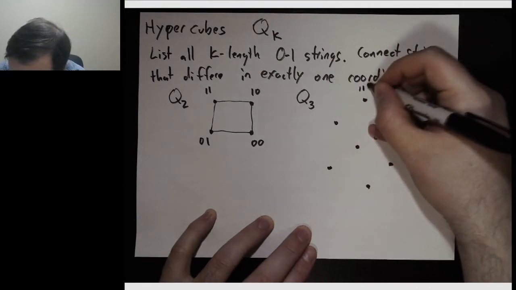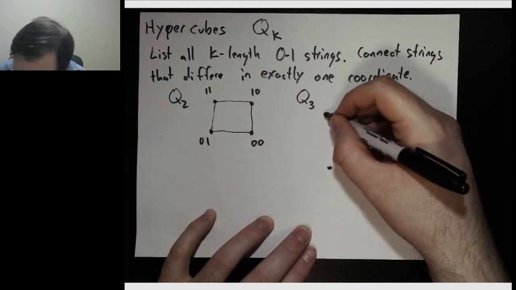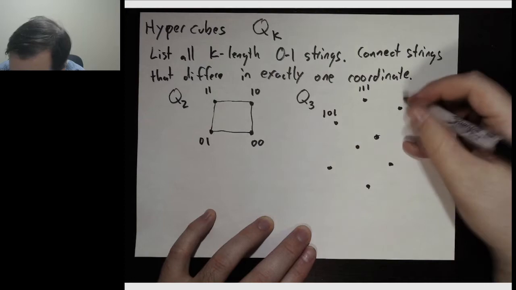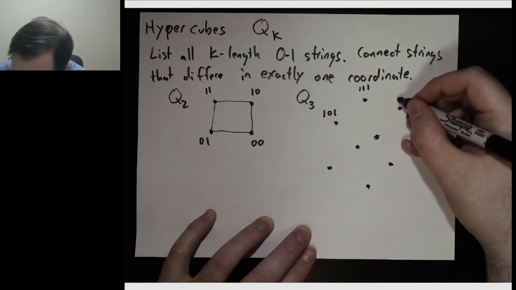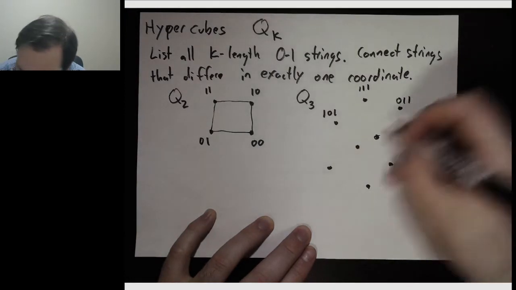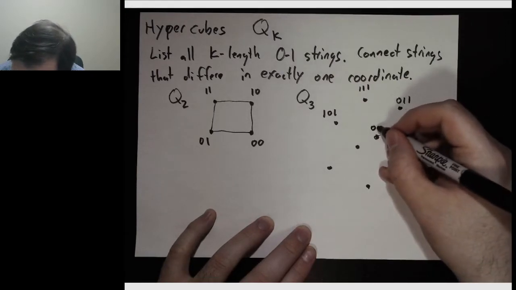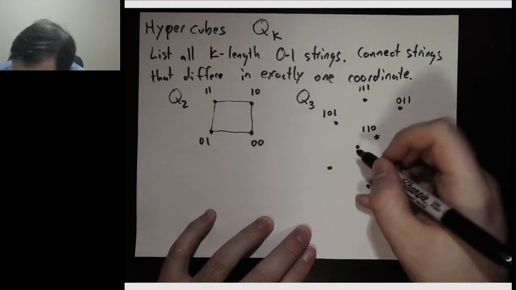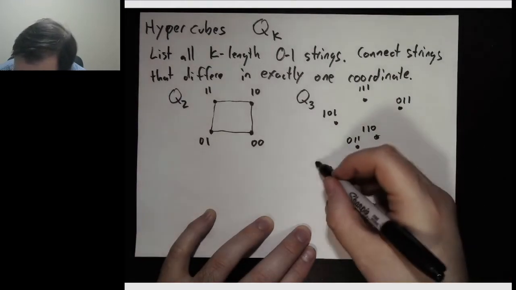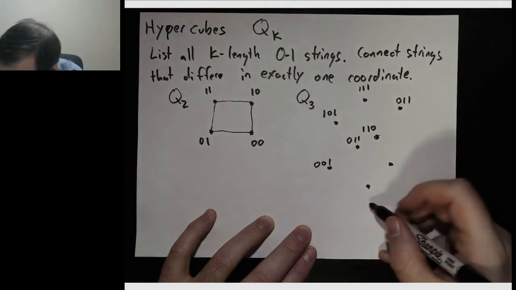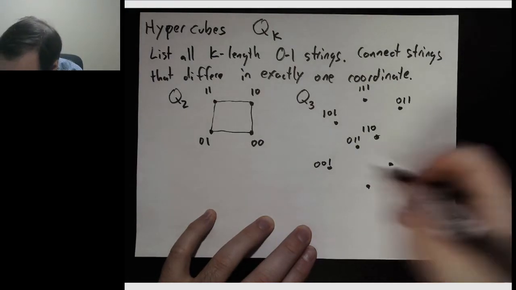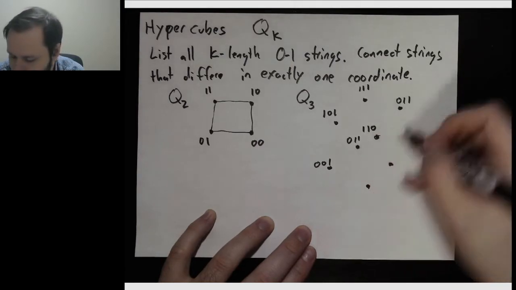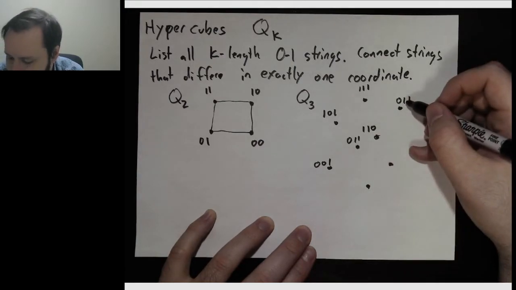Let's make this 111, 101, 011, and 110. And then I'll make this 001. Sorry, not 0 and 1. I want this to be, yes, I want that one to be 0 and 1. I want this one to be 1.